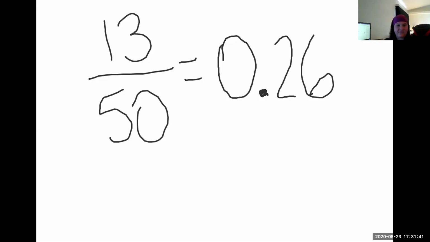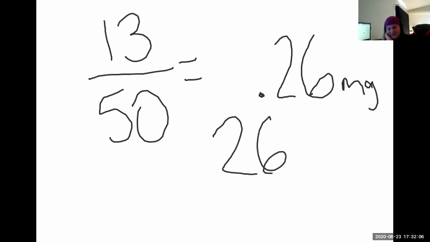So if there's a medication where I have to give 0.26 milligrams, and I didn't see the decimal, and so I gave 26 milligrams instead, depending on the medication, that could kill somebody. It's definitely out of the therapeutic range.